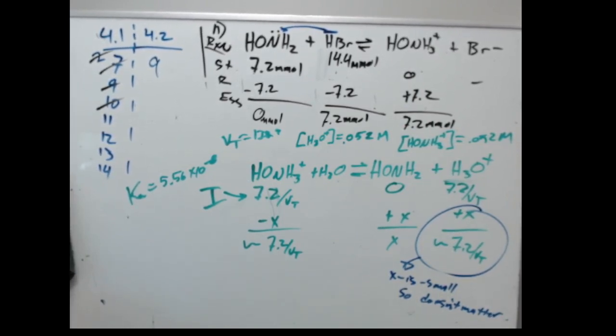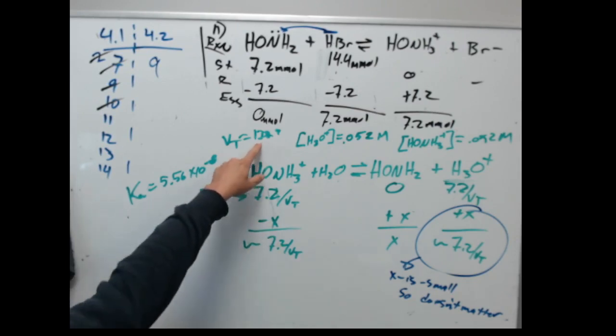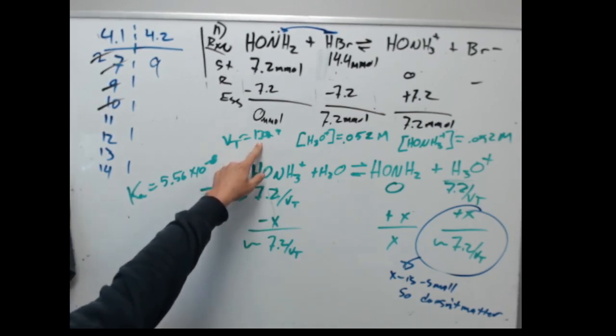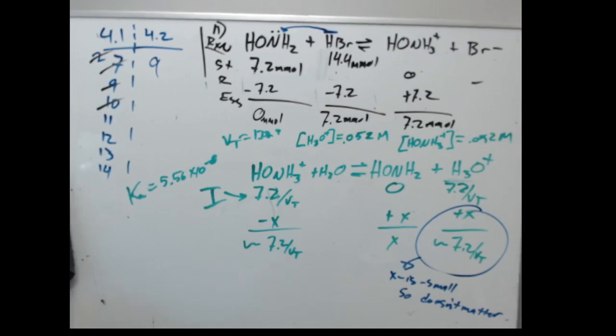Good on that part? Is that the same number you got? Just make sure we're all on the same page. 0.052? No, I got 0.0464. You said 138. Did I write this wrong? Is that 130 or 138? The total volume for the work that you have up there is 130.9 plus 24.